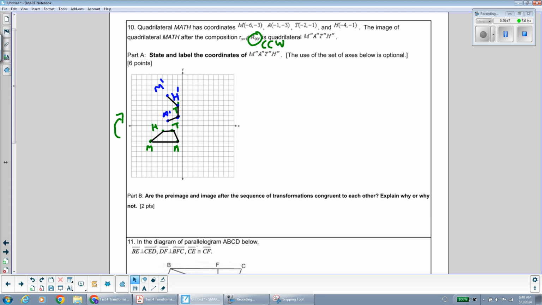Oh no, my pieces are flying. It went off of the line segment thingy. There we go. Okay, so now we've rotated it.